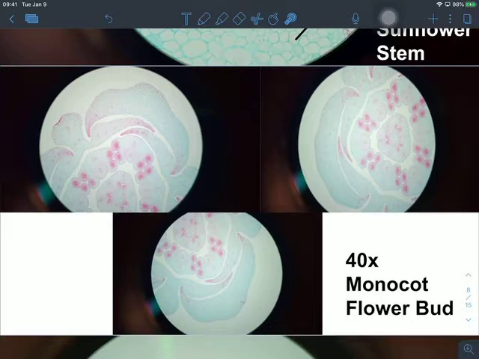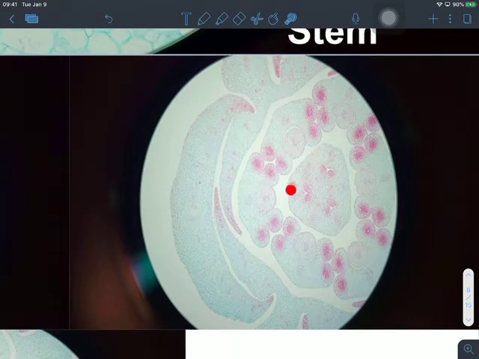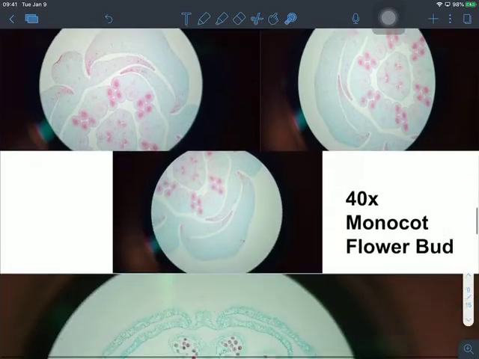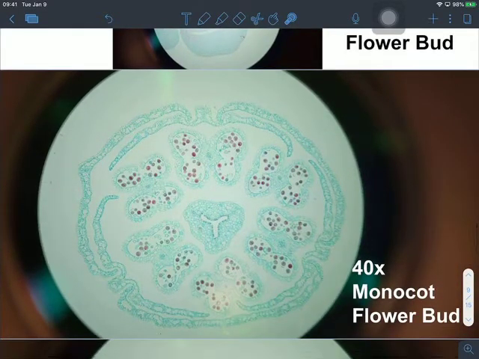So here we'll start with a monocot, and you'll notice that the very middle here, that female ovary is building ovaries in parts of 3. This triplicate pattern is also observed in this secondary monocot flower bud, where again there are 3 chambers growing here.